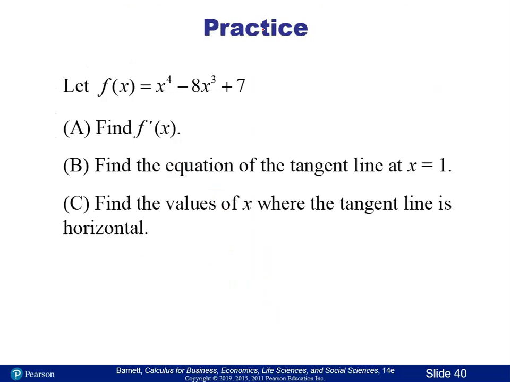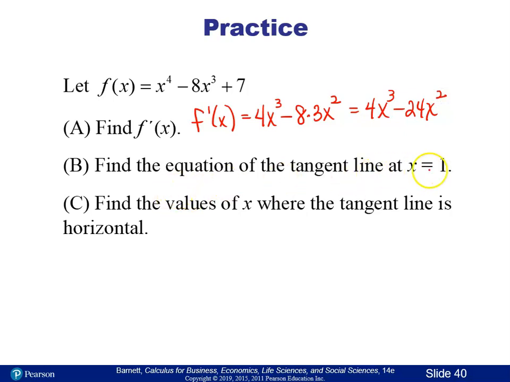All right, here's one for you to practice with, same steps that we just went through. Our derivative on this one is 4x to the third minus 8 times 3x squared, so 4x to the third minus 24x squared.